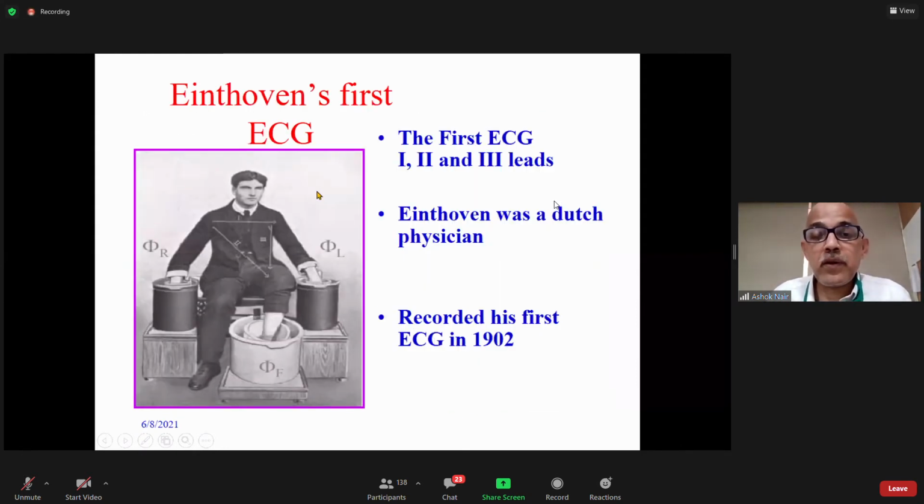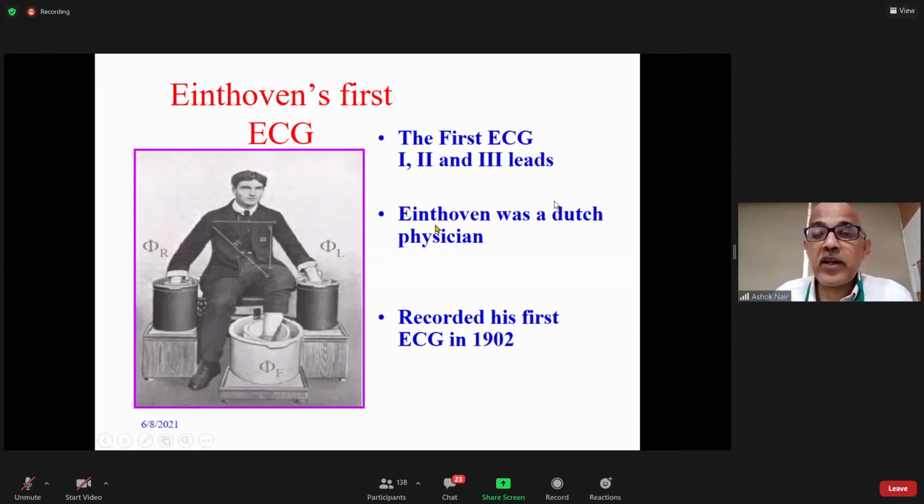Now, if you look at this machine of Willem Einthoven, he has put his two limbs, right arm and left arm, into a bucket of electrolytes, and his left leg into another bucket. So this represents electrodes.